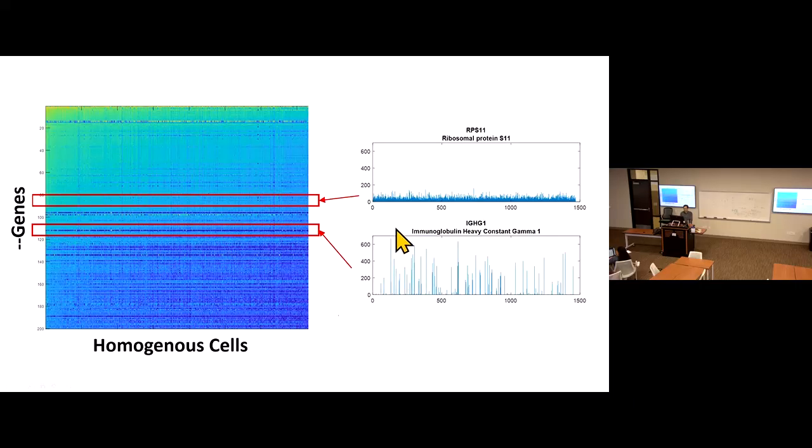So if you look at the expression profile, this gene is expressed in all the cells, okay, but they have an average of probably 50 or 30. Well, this immunoglobulin gene's expression magnitude is much higher than this, but there are a lot of zeros.